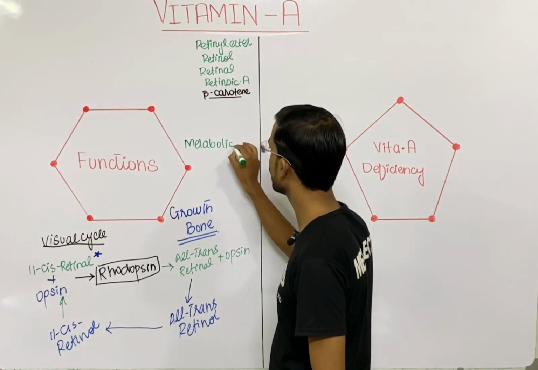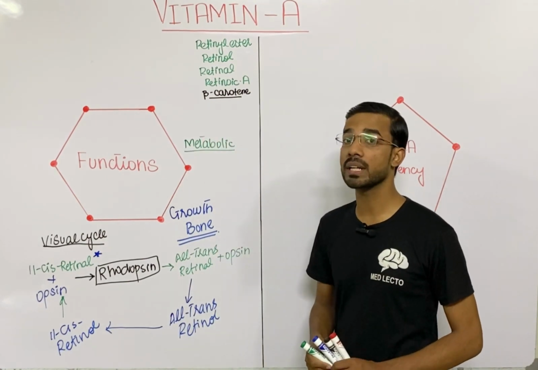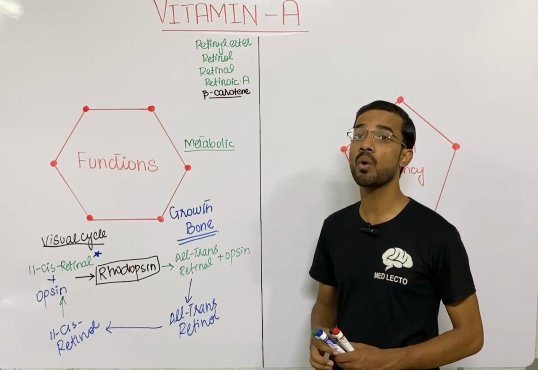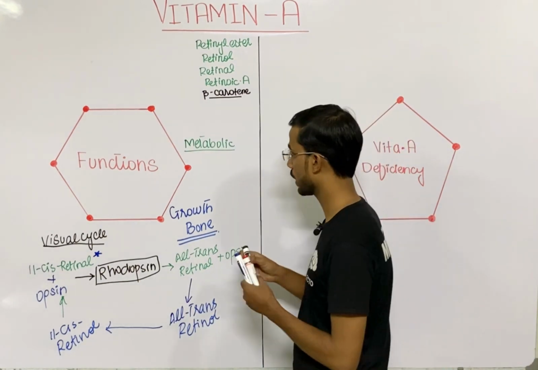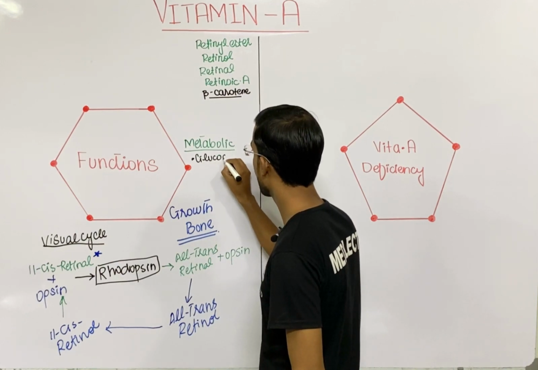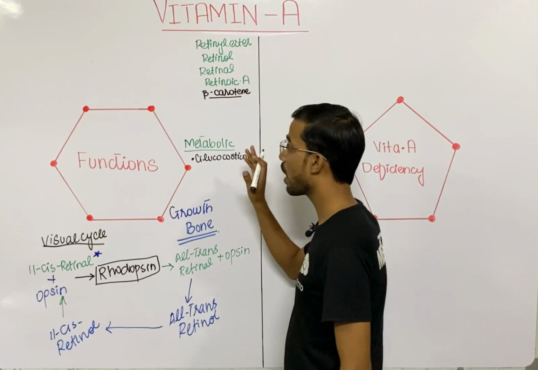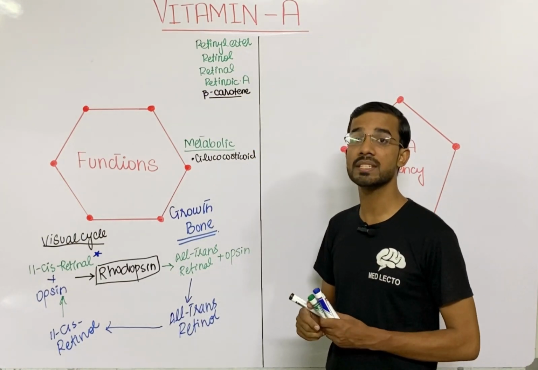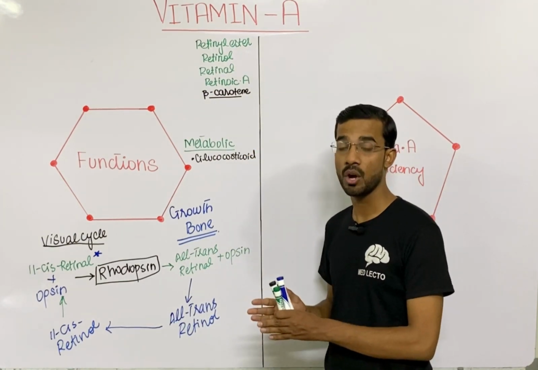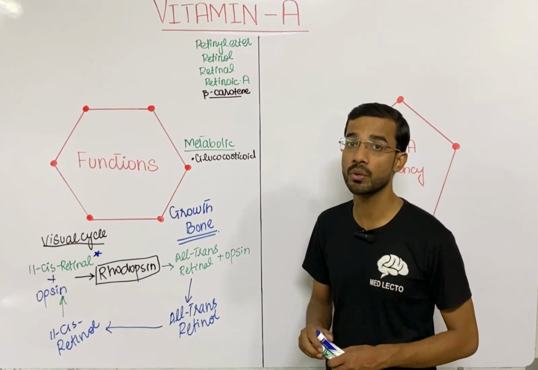Vitamin A is very important in the synthesis of glucocorticoid hormone, and it is also very important in the synthesis of glycogen from lactate or glycerol. That is called gluconeogenesis.